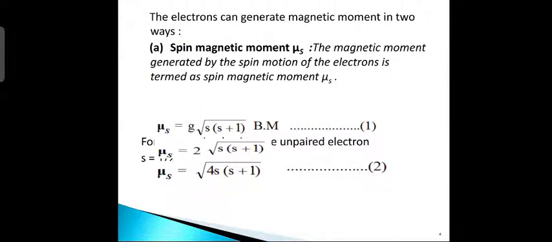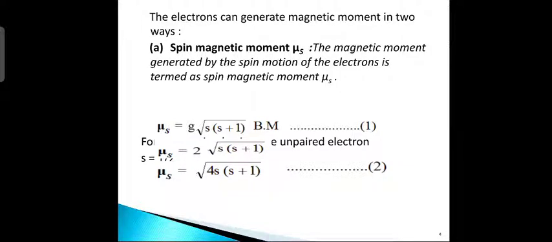However, the magnetic field generated by the nucleus is about 1850 times smaller than that generated by the electrons. This is because the mass of the proton is about 1850 times more than the mass of the electron. The contribution of the nucleus to magnetic moment is neglected. The magnetic behavior observed is mainly due to the electrons.